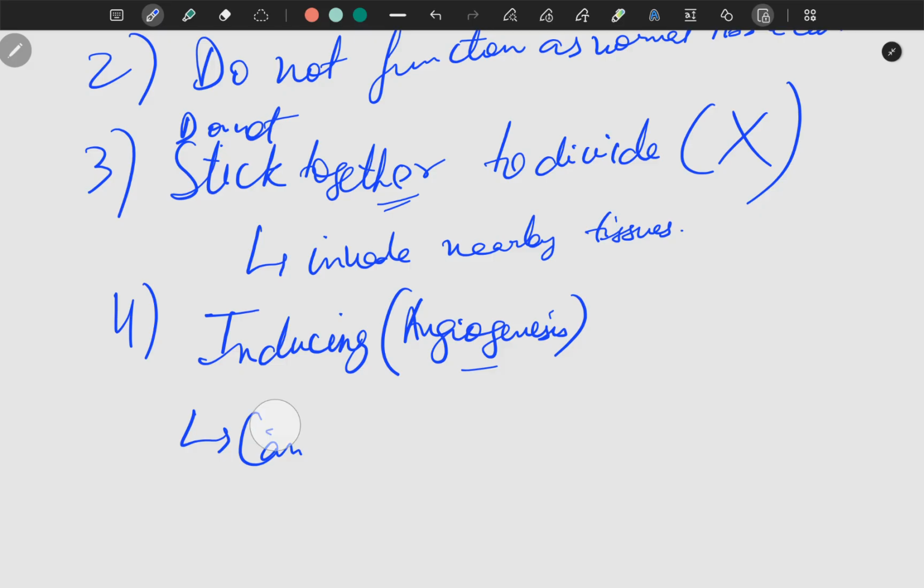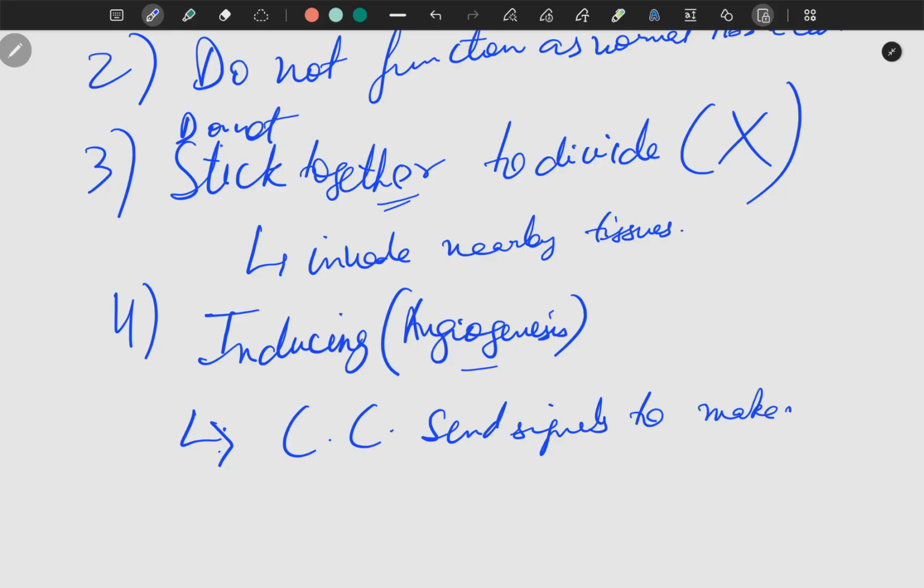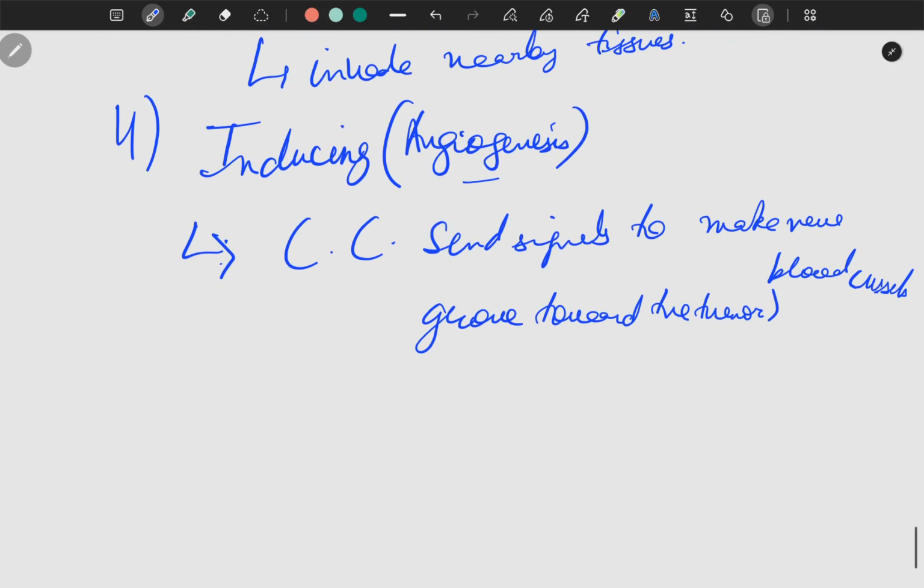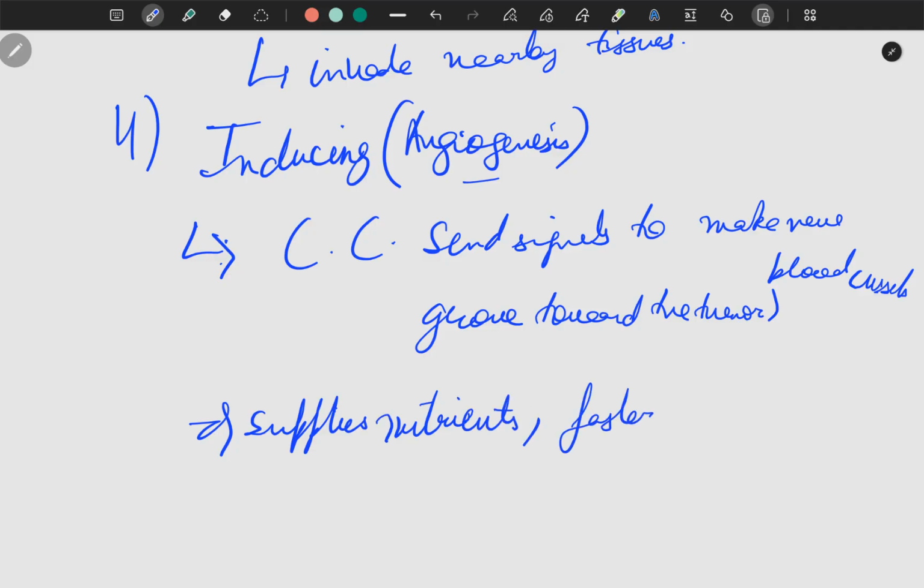The cancer cells send signals to make new blood vessels grow toward the tumor, which supplies nutrients and results in faster tumor growth.